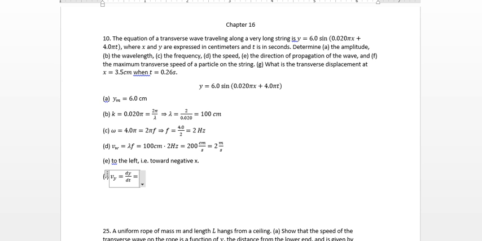at any given position. So we're just going to pretend we're at x equals 0 for this, because that'll make life a little bit easier. So dy/dt, the derivative of sine is the cosine, times 4.0 pi, so 6.0 times 4.0 pi times the cosine of 0.020 pi x plus 4.0 pi t.